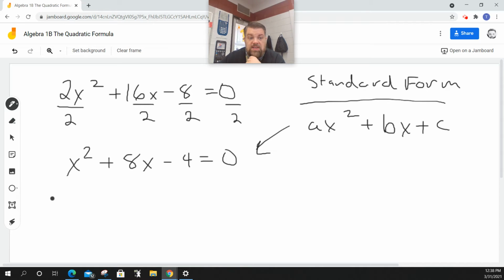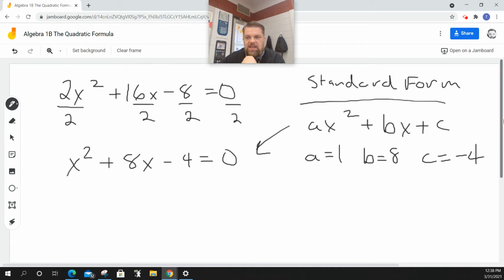And that's important because a, according to this form, would equal 1. There isn't a 1 listed here in front of the x. It's implied, but there's 1x squared. So we normally don't write it down, but the coefficient of x squared is 1. Now for b, it's 8. So b is always the number in front of the x to the first power. A is always the number, whether it's written down or not, in front of x squared. And then c is always the constant.